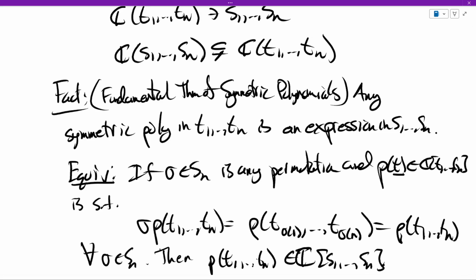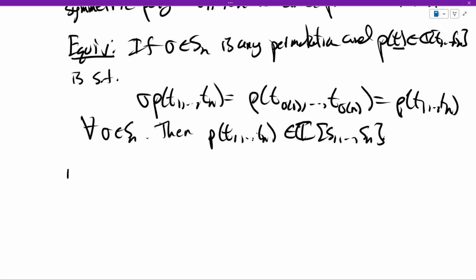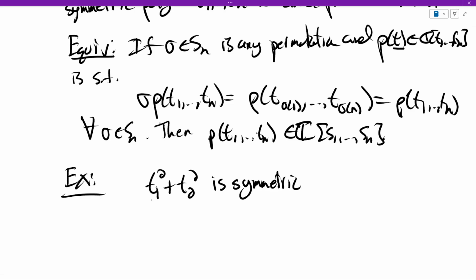Okay, let's do a quick example of that. T1 squared plus T2 squared is a symmetric polynomial because it's invariant under swapping 1 and 2. And S1 was T1 plus T2, and S2 was T1 times T2.